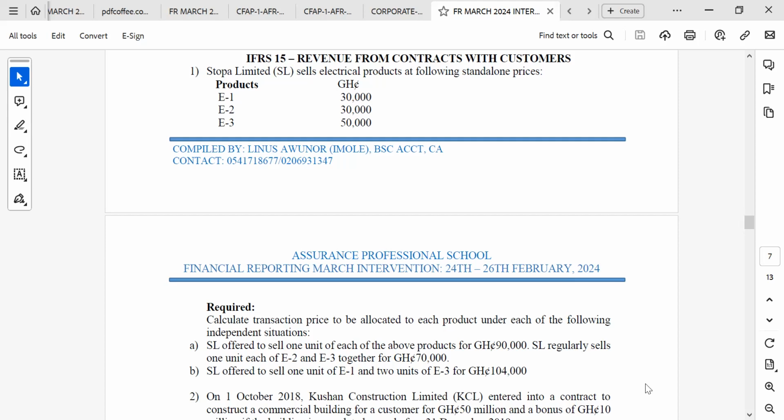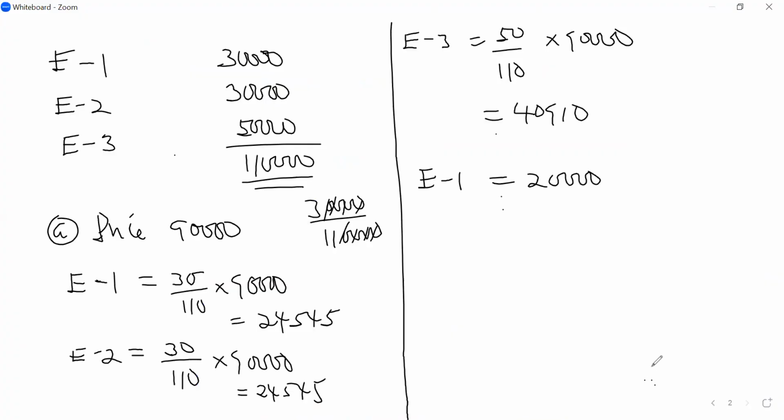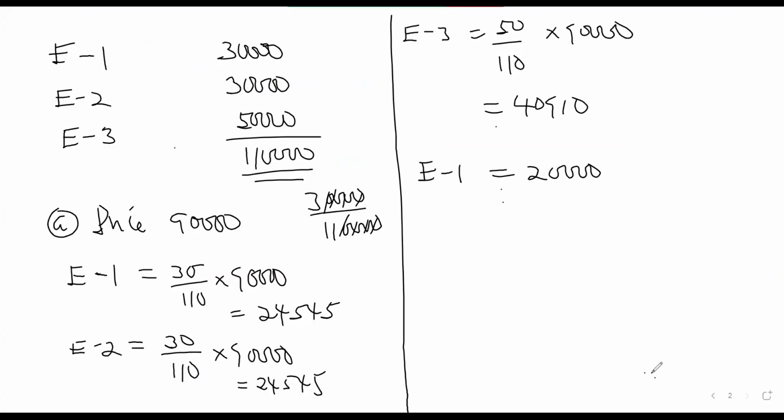If you are selling E2 and E3 together, what should have been the actual price? 80,000. But how much are you receiving now? 70,000. So there's a discount of 10,000, isn't it?